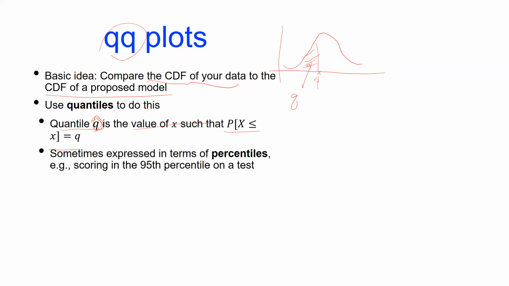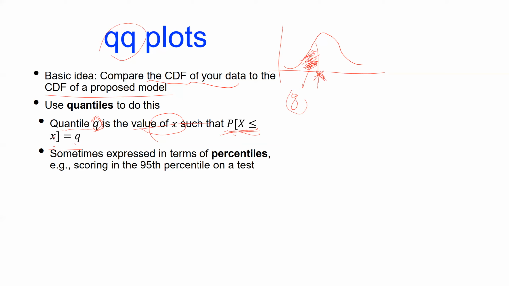What is the value of this guy? This is what quantile tries to ask. In the definition, I have P(capital X smaller than x) equal to Q. This is the area to the left of this x. If I make this equal to Q, the quantile is the value of x to achieve that. So first of all, the quantile is a value of x, and that gives you the area under the curve equal to Q.